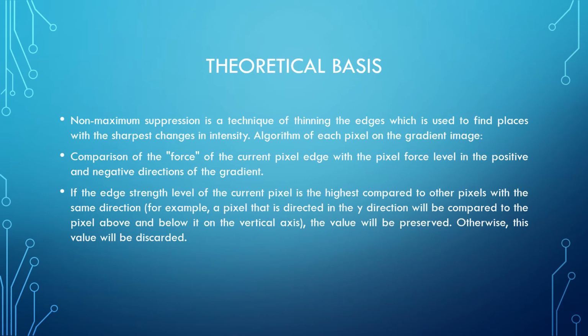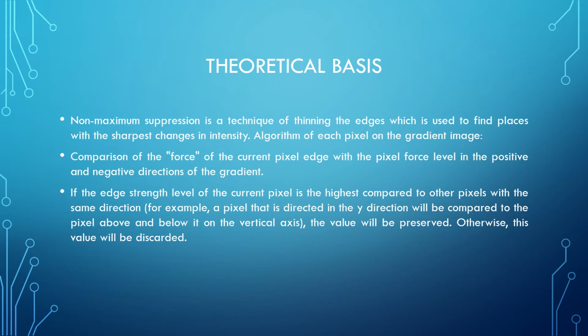Non-maximum suppression is a technique of thinning the edge which is used to find places with the sharpest changes in intensity. The algorithm goes over each pixel on the gradient image. Comparison of the force of the current pixel edge with the pixel force level in the positive and negative direction of the gradient.